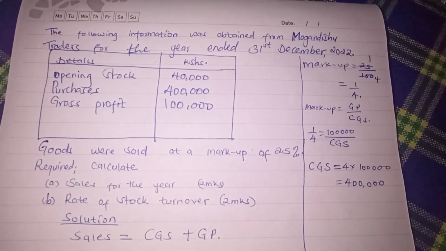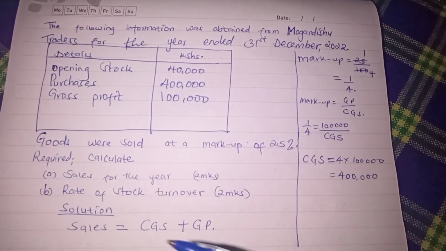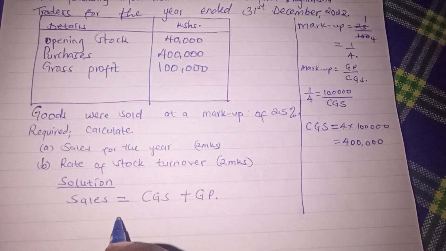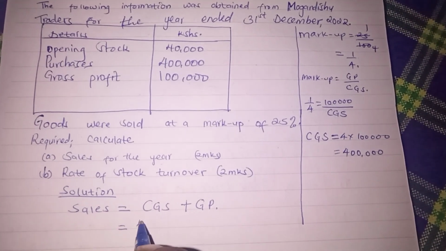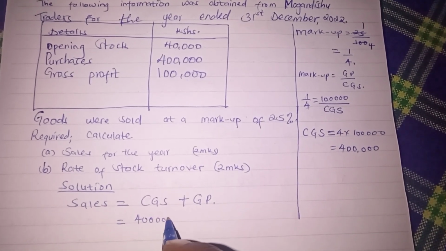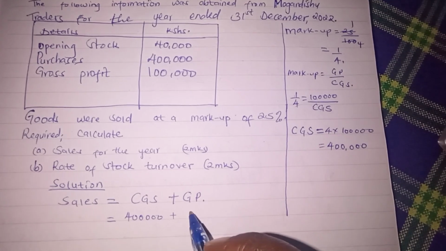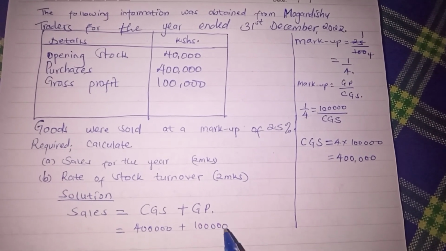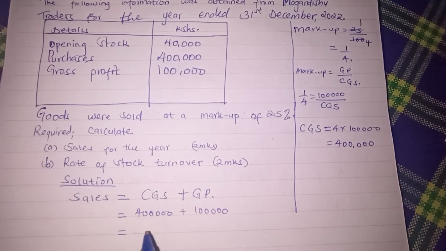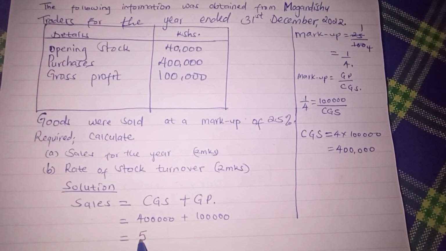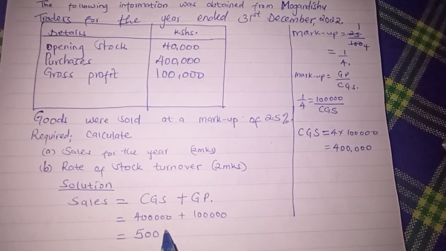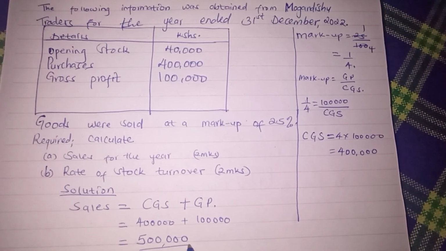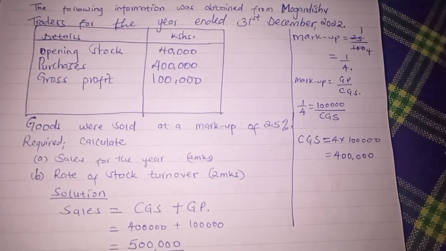So therefore we can go directly to get the sales figure. We have 400,000 plus the gross profit you are given as 100,000, and clearly we are getting sales as 500,000. Yes, that is it.